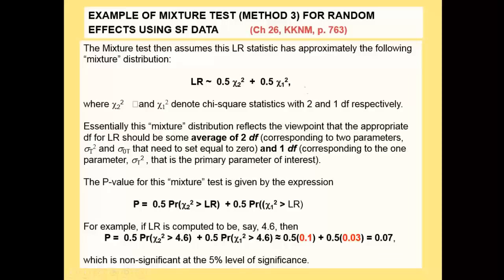What on earth is that? Now, what we're talking about, you have a variable that you're assuming is chi-square with 2 degrees of freedom, and you have another variable that's assumed chi-square with 1 degree of freedom. Why the 2 and the 1? It had to do with what happened when we tried to do that approximate Wald test.